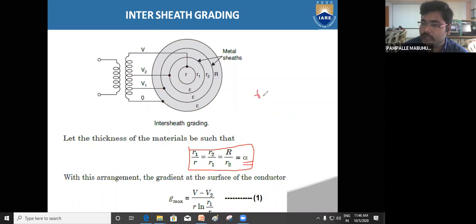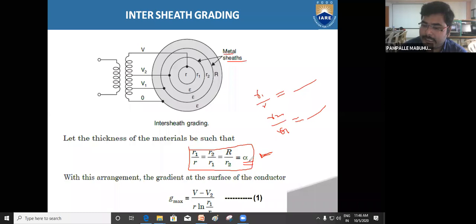That means if you calculate R1 by r, you should get one value, and if you calculate R2 by R1, you should get the same value. This is the condition you have to maintain in intersheath grading.